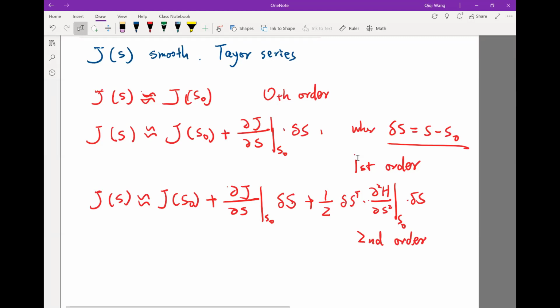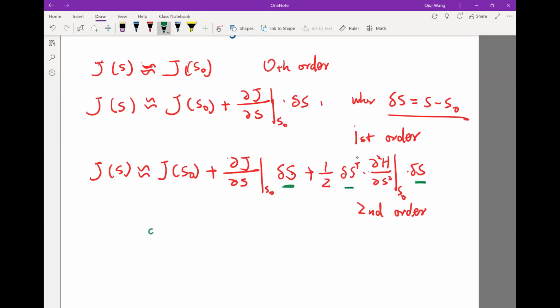This now is useful because once we made this approximation, we can figure out what delta S we should choose to maximize or minimize this second order approximation. How do we do that? We choose delta S equal to the solution of the quadratic optimization problem we looked at in the last slide.